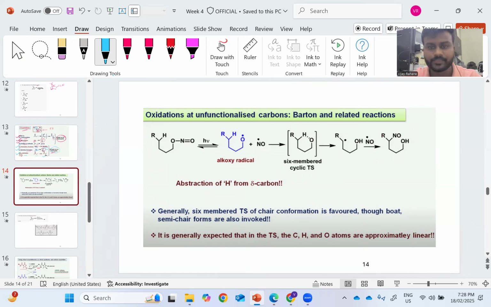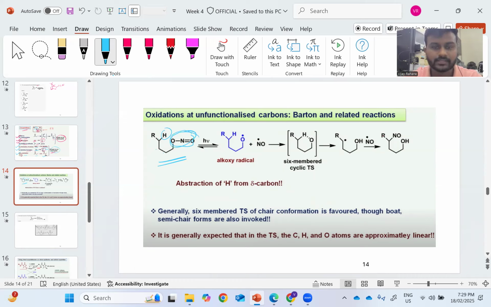If you look at the Barton reaction, we use the ONO as a functional group here, and there should be one, two, three, four, and five. There should be a hydrogen, so this type of compound gets converted into the alcohol.